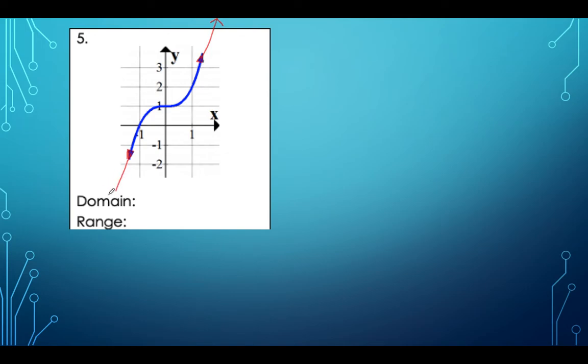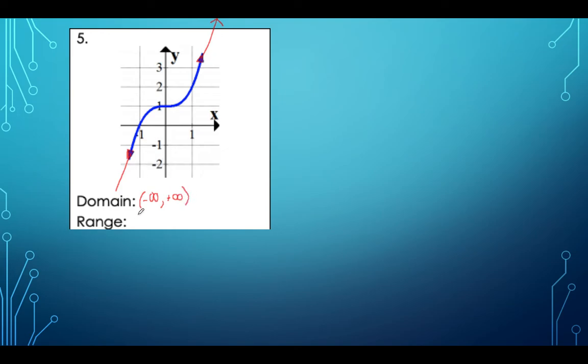They're both going on and on forever and ever and ever. So the domain, as you can imagine, the further down, down, down we go, the further left we go, and that'll never stop. So the domain will be negative infinity, and same with over here, this is going up and up and up and right and right and right. So it'll never stop. So it'll go to positive infinity.